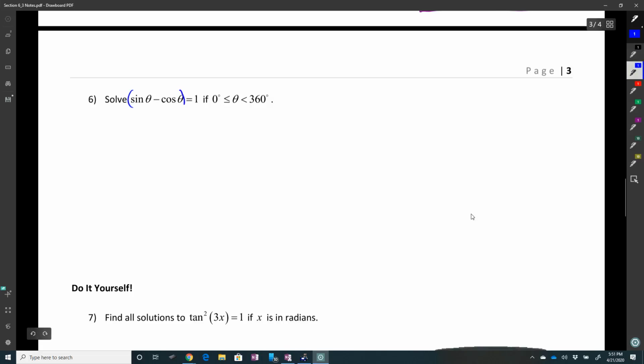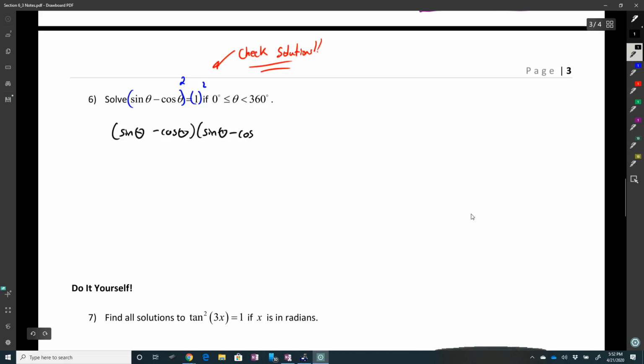Now I'm squaring both sides. And if we remember from last time, whenever we do that, that means that I have to check my solutions.